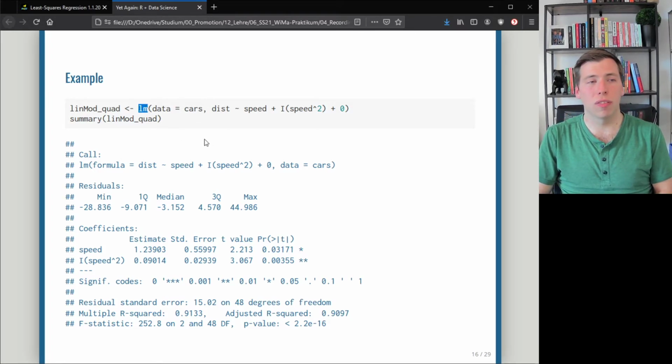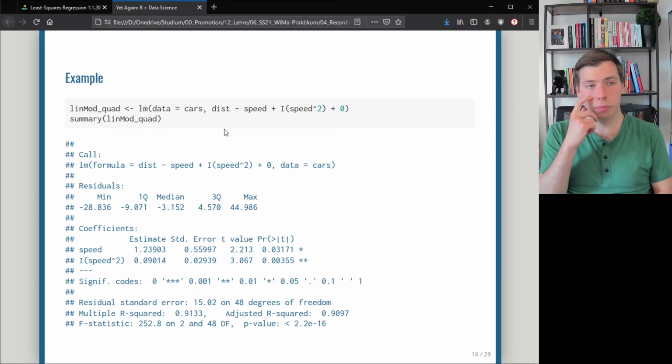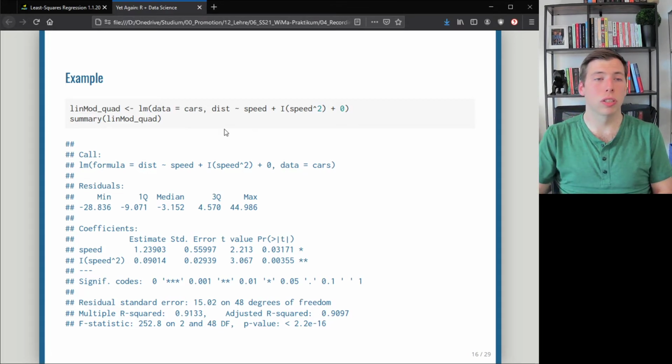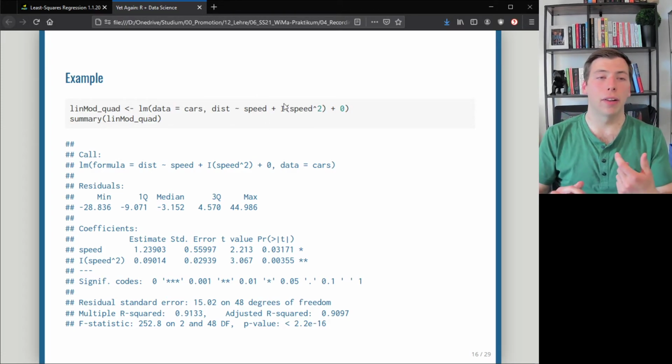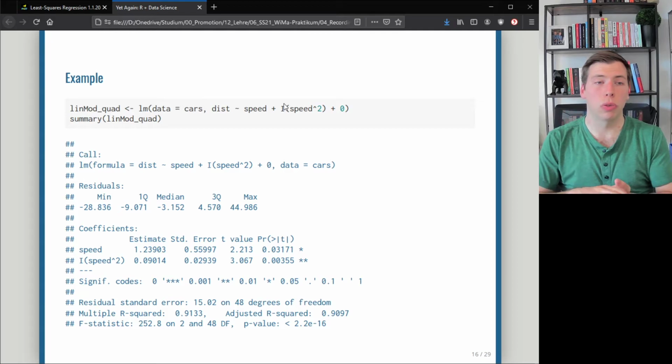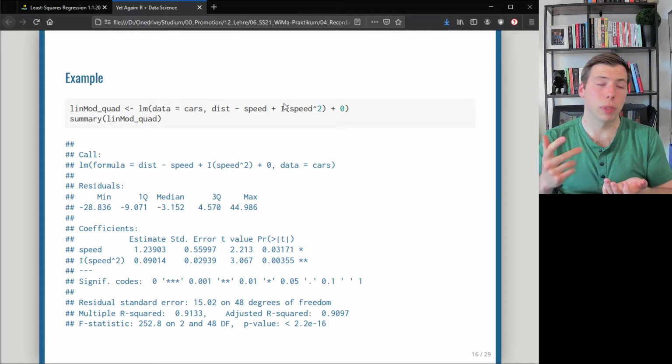It's also done via the lm function, and all you need to do is to extend the right-hand side of the tilde here with more predictors. In this case, I wanted to add a quadratic term, so I wanted to add the quadratic of speed, so speed squared.